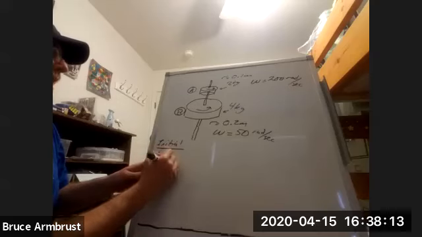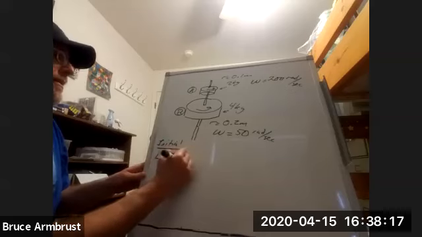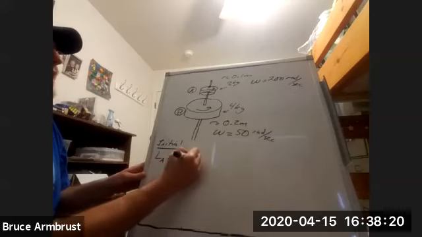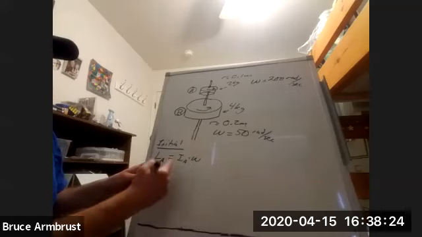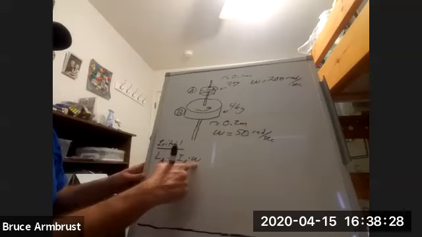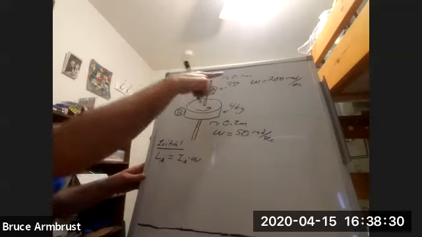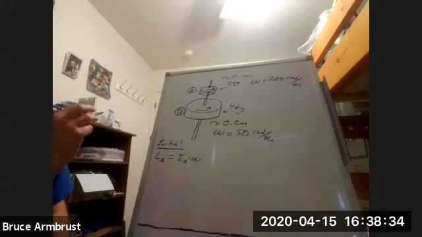The angular momentum for A is going to be the moment of inertia of A times its omega, like mass times velocity. We've got its angular velocity, 200 radians per second, but we don't have its moment of inertia, so we're going to have to calculate this.